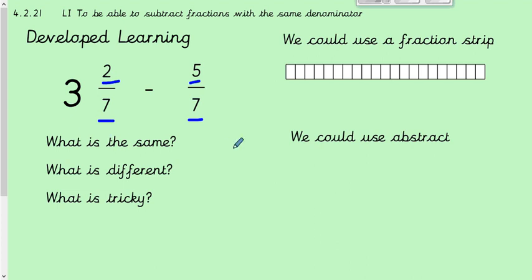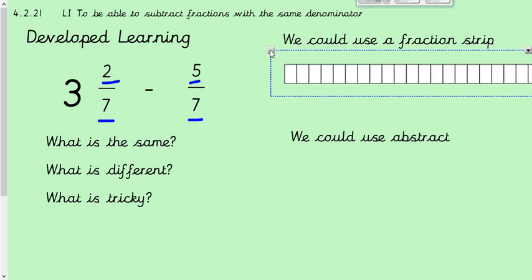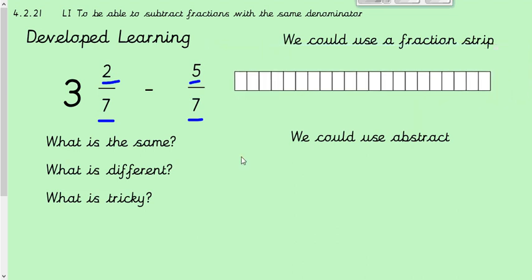So in this case, we're going to have to work out what 3 wholes will look like on our fraction strip. I'm just going to make that fraction strip a bit bigger, so it's easier for us to see. We know that 1 whole is going to be 7/7 because each one of these is 1/7. So 1, 2, 3, 4, 5, 6, 7.